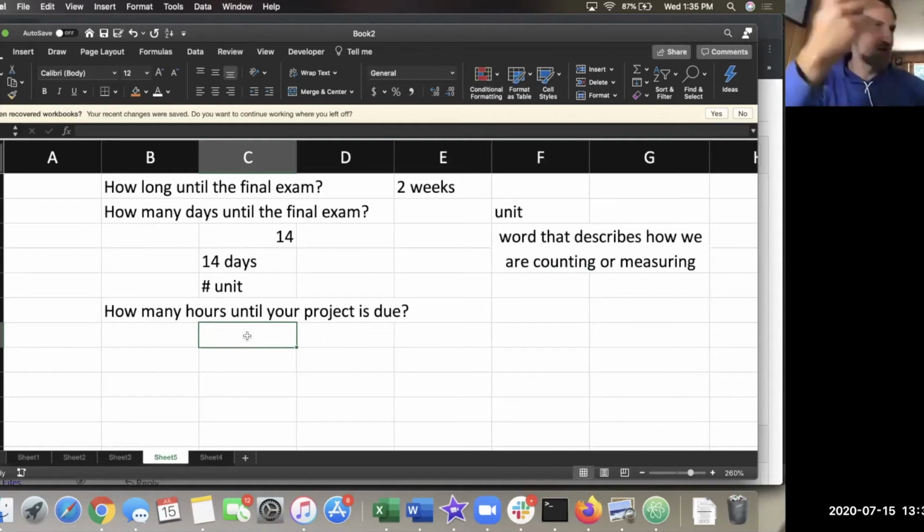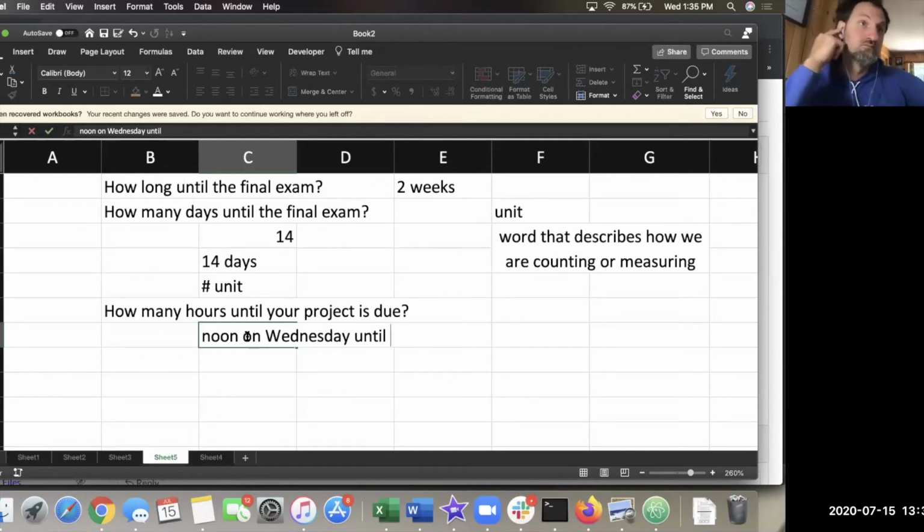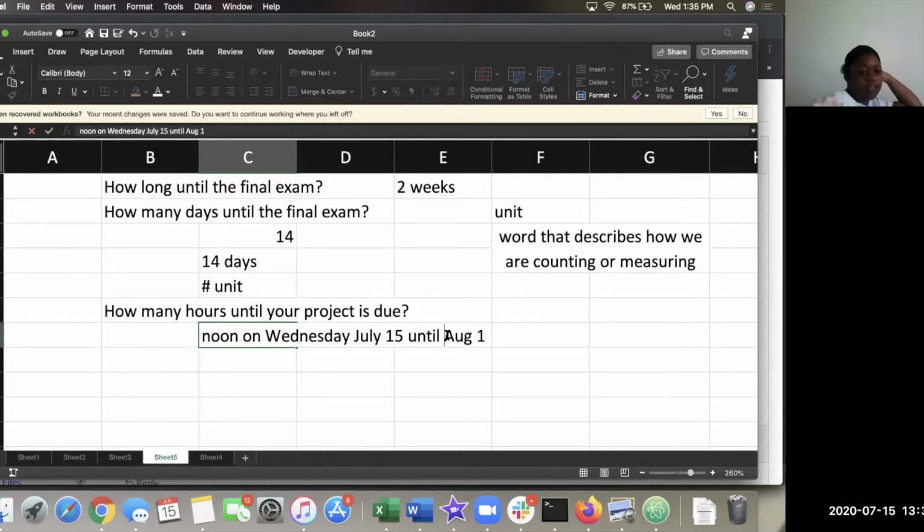Of course we could all have different answers based on when we did this problem. Let's just say noon on Wednesday, until when? August 1st. July, was it 15th until when on August 1st? 11:59 PM? Okay. So we'll say midnight, August 1st.